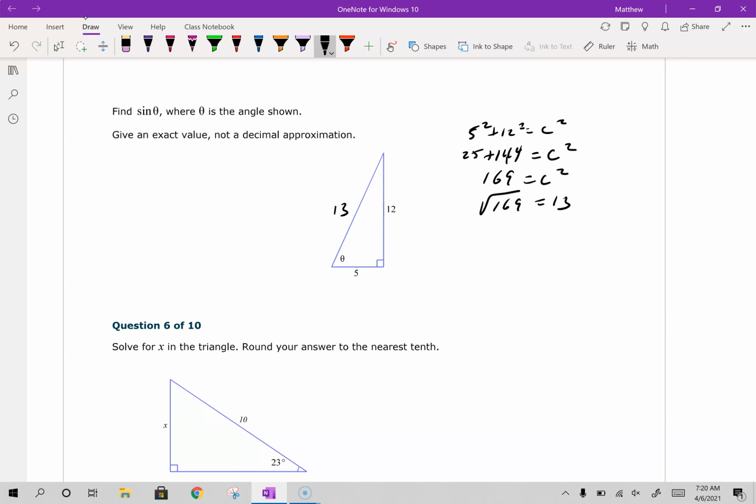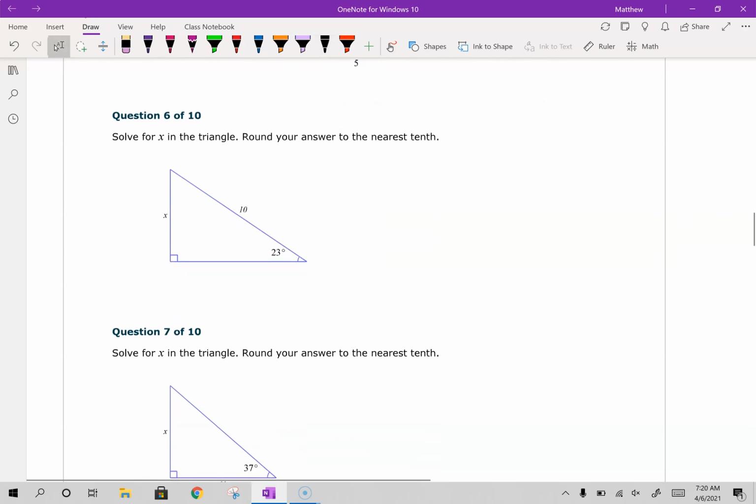So the sine of theta is opposite over hypotenuse, so 12 over 13. The exact value is just a fraction, and we're done.